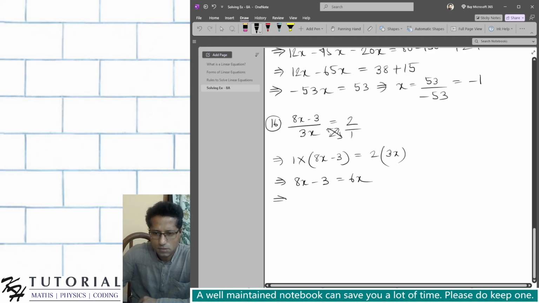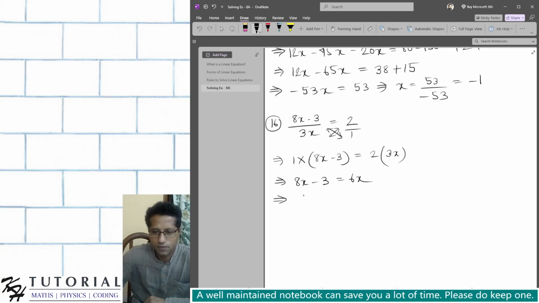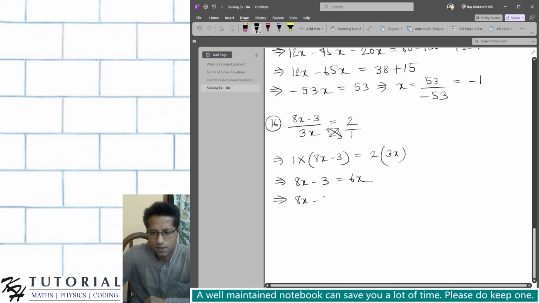Now bringing all the variable terms to the left hand side and all the constant terms to the right hand side by transposition, we get 8x minus 6x is equal to 3. This implies 2x is equal to 3. This implies x is equal to 3 by 2.